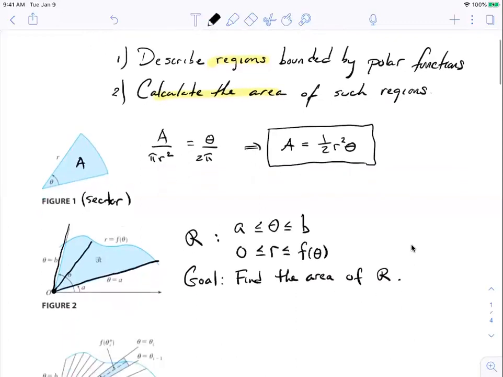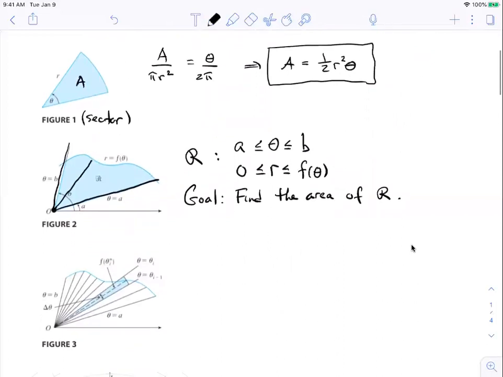So let's look at the third figure. Scroll down here a little bit. In this third figure, what has the author done? It's taken the theta interval from A to B and subdivided it into a bunch of subintervals. That sounds kind of familiar.